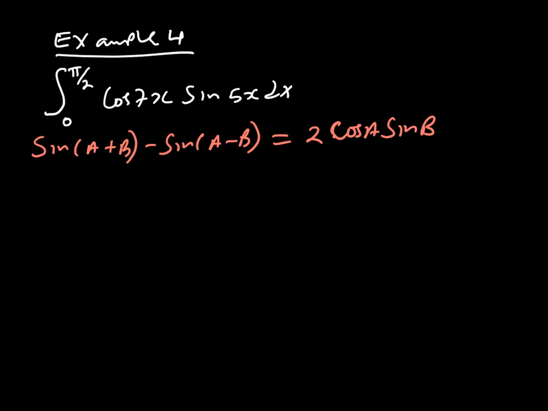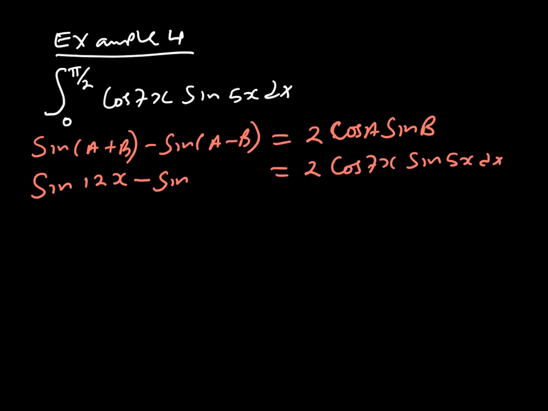Now, if I have 2 cosine of 7x sine of 5x dx, then this is coming from the sine of 12x minus sine of 2x.